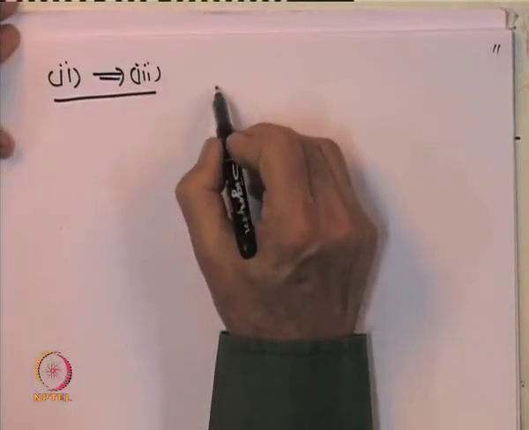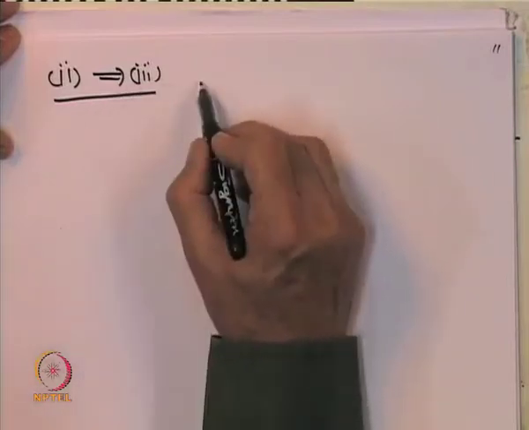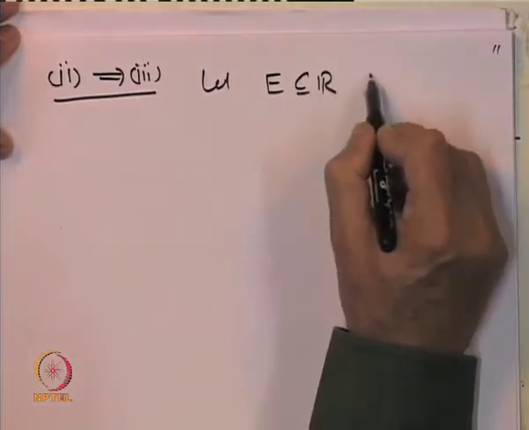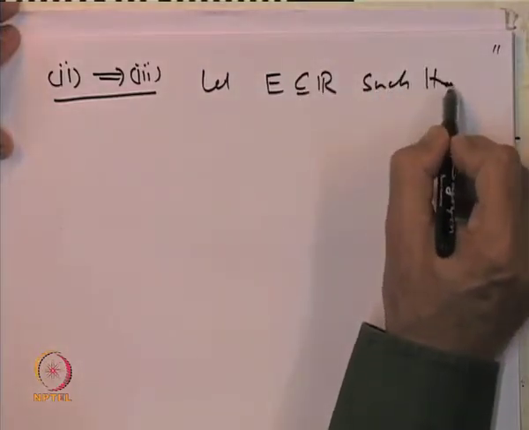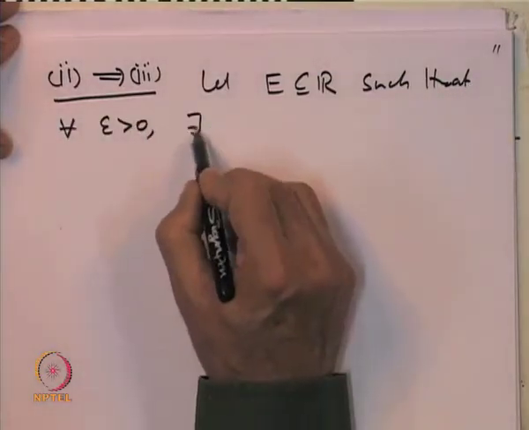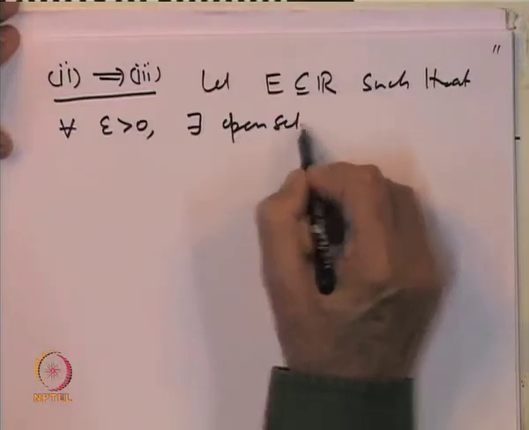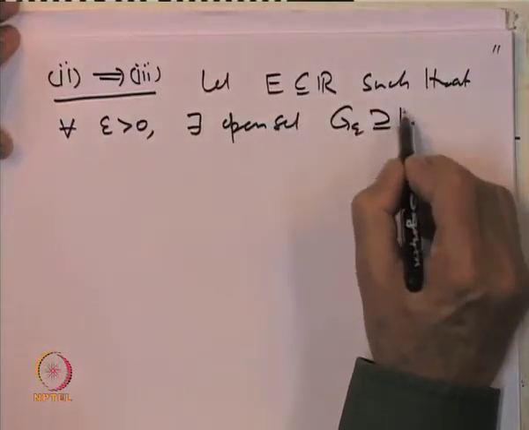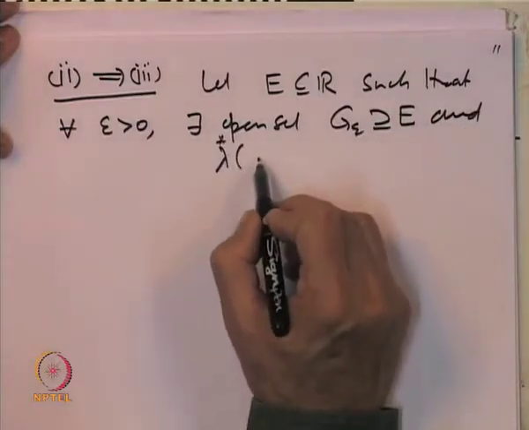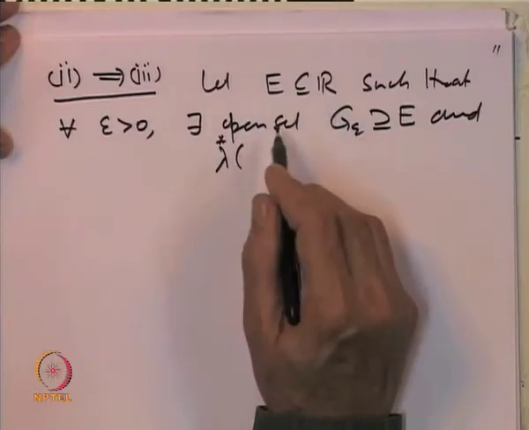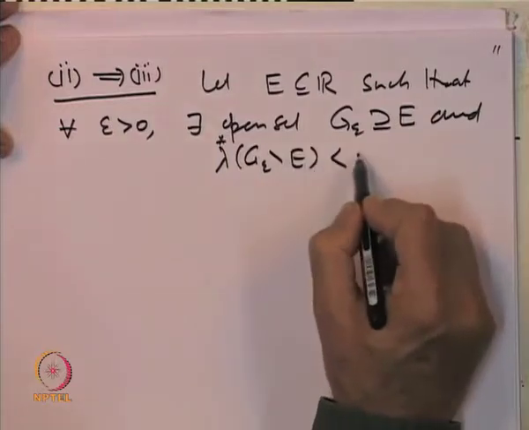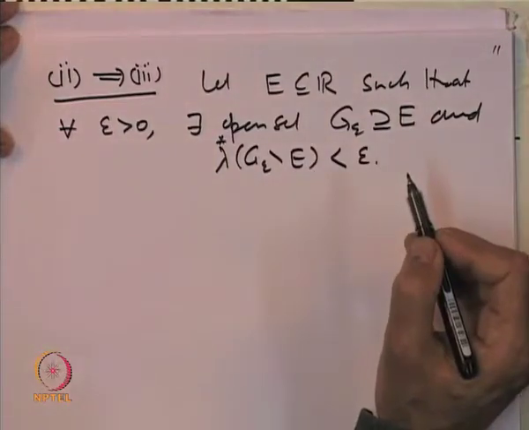We are given a set E, so given 2 means let E be a subset of the real line such that for every epsilon bigger than 0, there exists an open set G epsilon, which includes E and, since E is just a set, we can't write lambda now, it is lambda star of G epsilon minus E is less than epsilon. So, that is what is given to us.